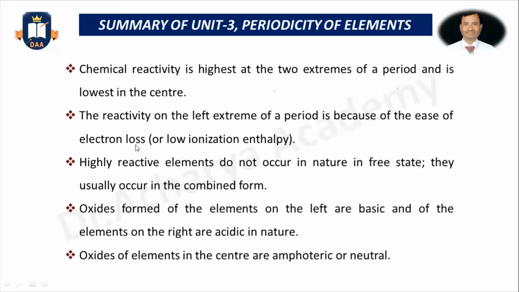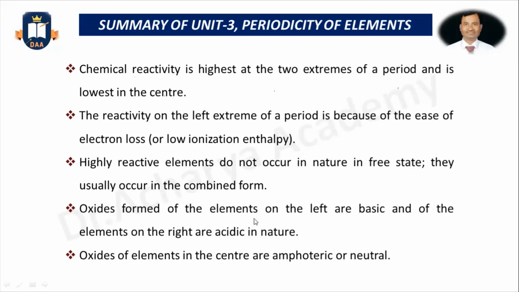It means that elements, especially metals, easily lose electrons to show their reactivity by forming a cation. Highly reactive elements do not occur in nature in the free state. They usually occur in a combined form.